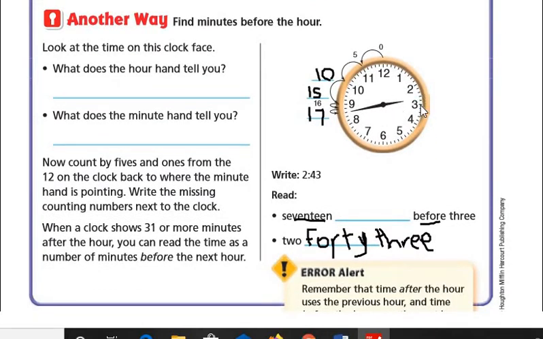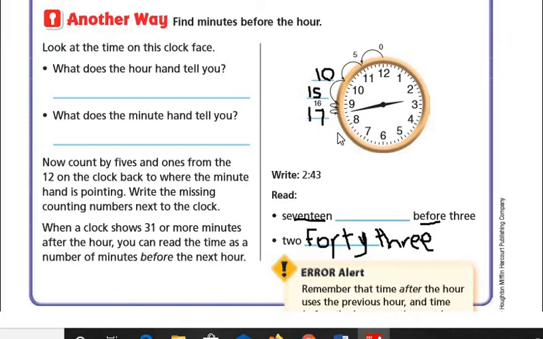Let's solve it first using the normal way that we already took before. So the hour hand is between 2 and 3, so I'll take 2 because 2 comes first. How many minutes after 2? Let's see. Here the minutes hand is between 8 and 9.